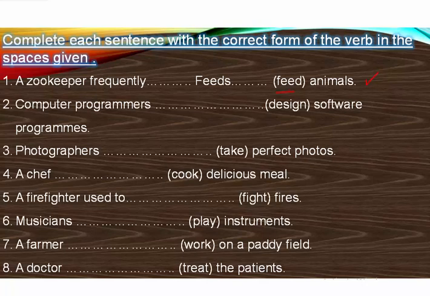The verb supplied here is play, so you have to consider these verbs. A farmer dash, work is the verb here, on a paddy field. A doctor dash, the verb treat, the patients.